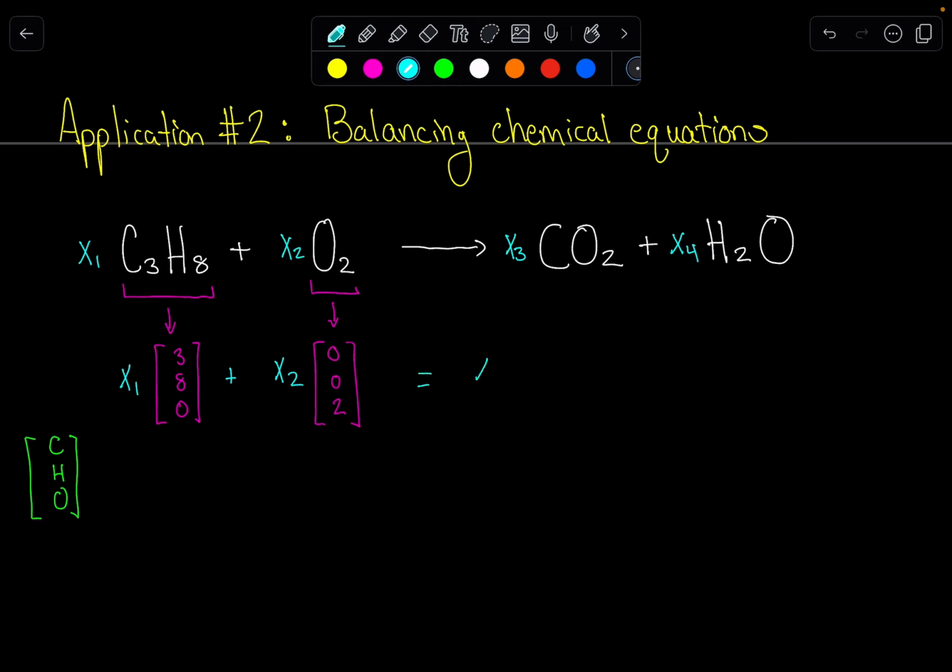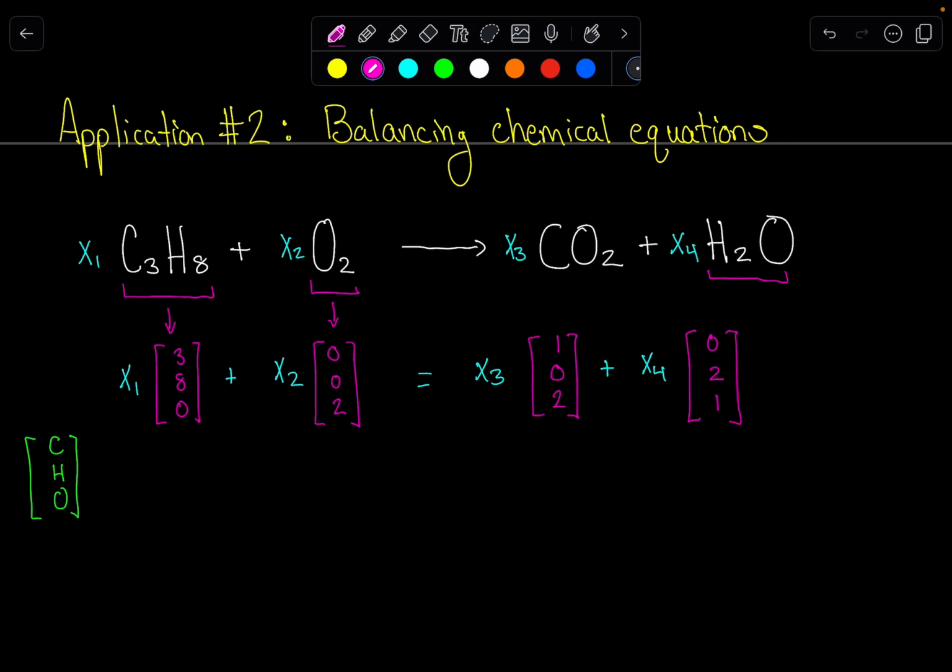We should get x3 of this third one, and so we have 1 carbon, no hydrogen, and 2 oxygen in this one, and then we'll get an x4 of our remaining H2O molecule, and since there's no carbon, there's 2 hydrogen and 1 oxygen. This is the equation that we have.